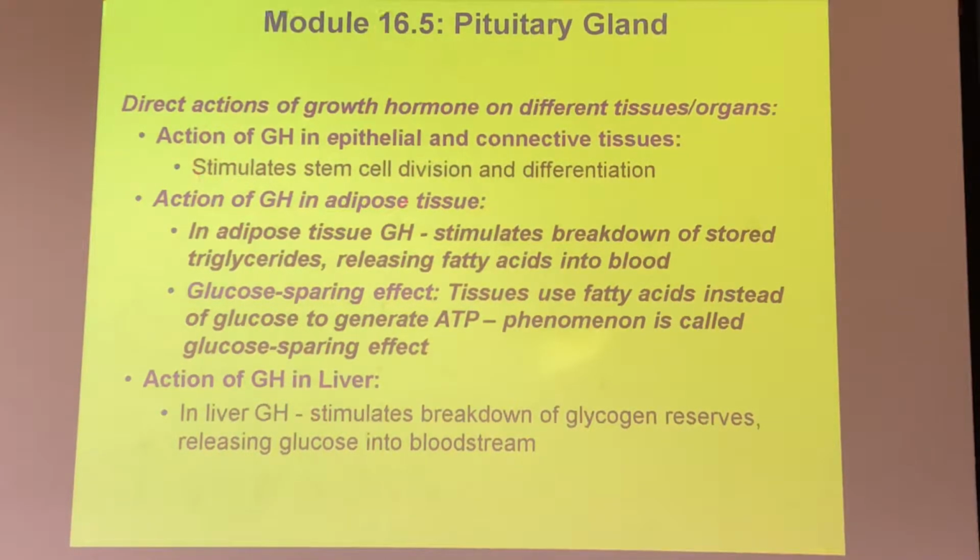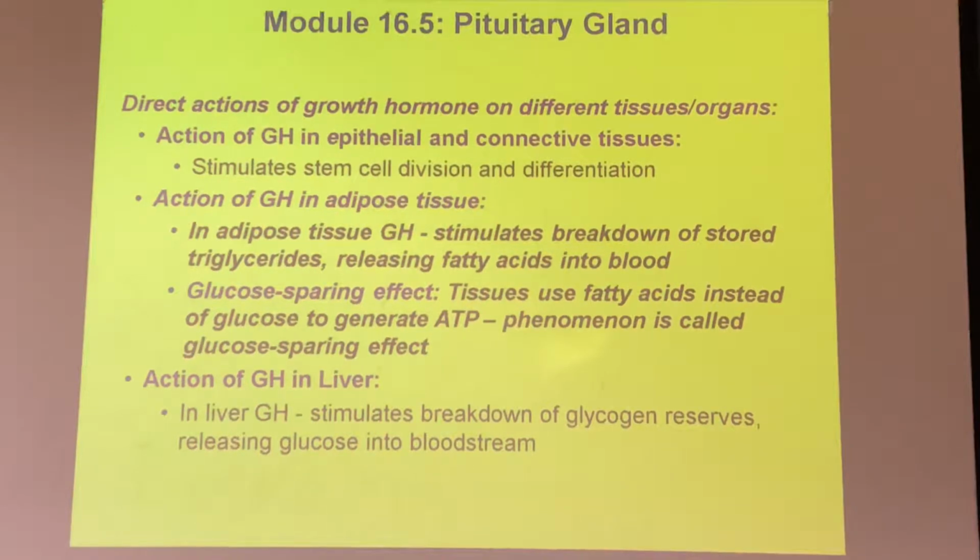They act on the epithelial and connective tissues, and they also work on adipose. Adipose means fat, so they work on fat cells. They stimulate breakdown of triglyceride, which releases fatty acid into the blood.